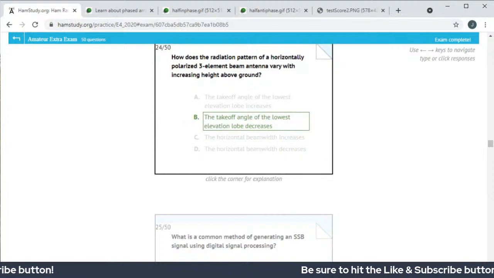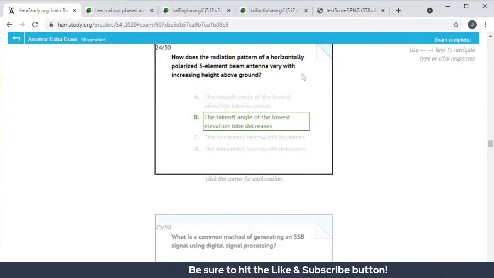Okay, so the beam antenna acts just like a dipole.